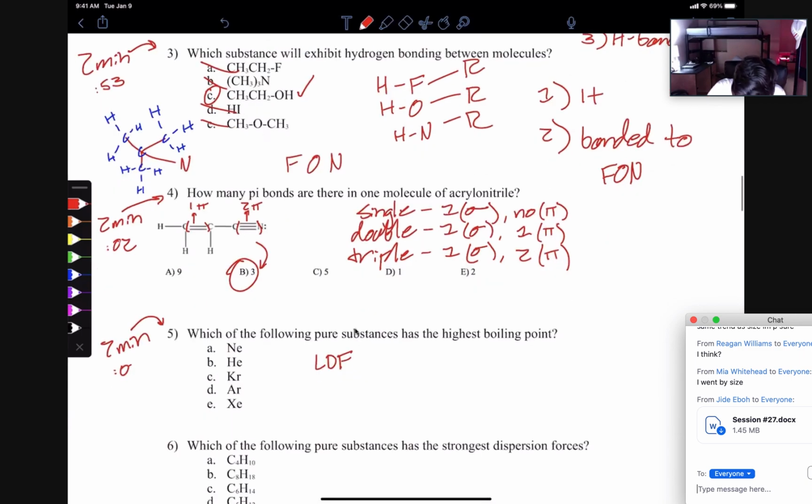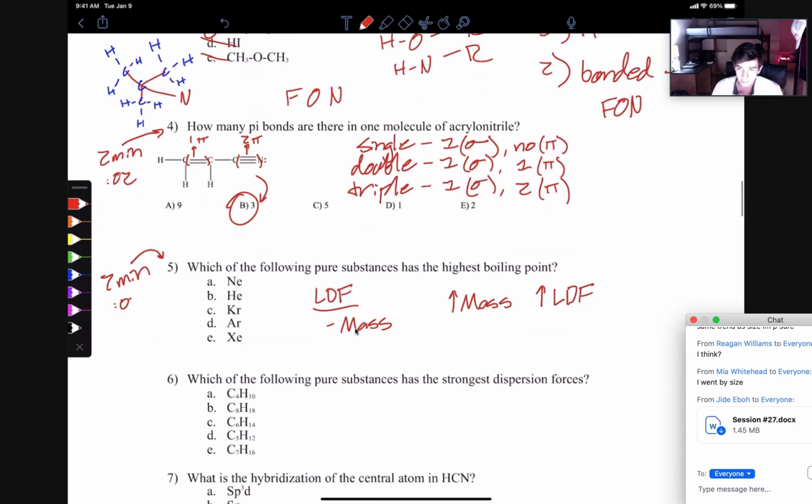And so with those, the thing that matters is the mass, okay? So when you have a higher mass, then you will have higher London dispersion forces, okay? So the idea behind London dispersion forces is that in any molecule, think about your molecular orbitals. Those are areas where you have a high probability of finding electrons.